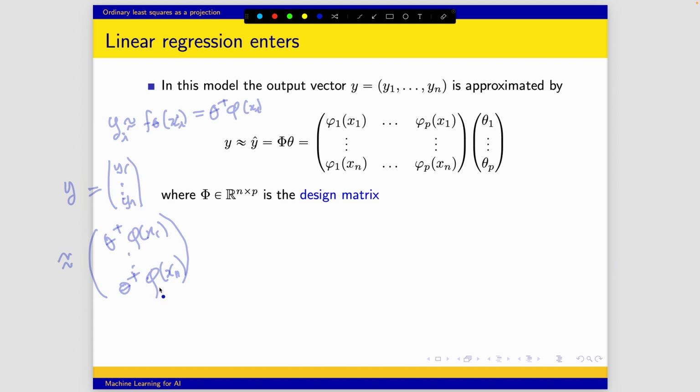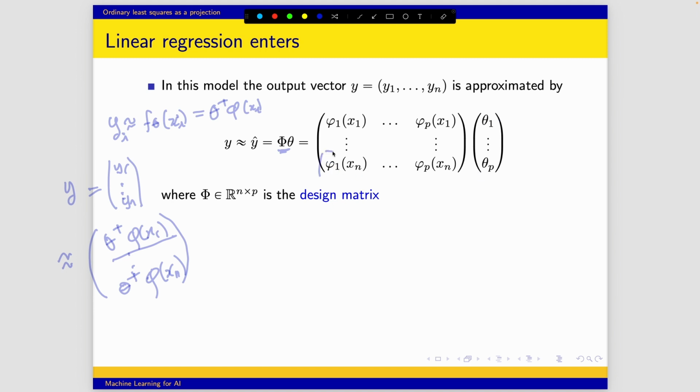And we can write this vector as a matrix phi times theta. And what is that matrix? It's this matrix here. So you can see we will reproduce, for example, this as when we do this matrix multiplication, we're going to take the dot product of this with this, which is exactly what we've got here. And the second row will be the dot product of the second row with this, down to the dot product of this row with this.